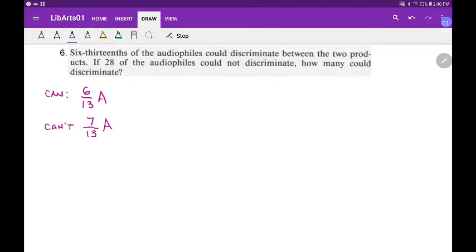But then they tell me that 28 of the audio files could not. So that's down here with can't. So 7/13 of the total audio files, because let me make that more clear. A is the total audio files, okay?